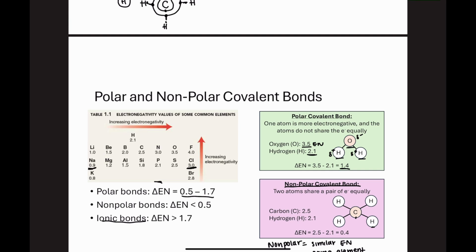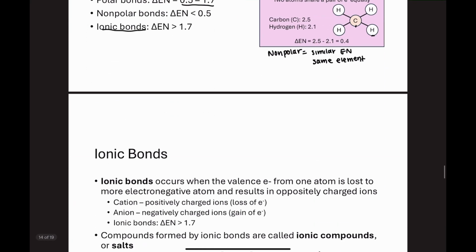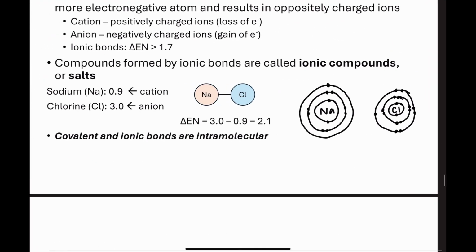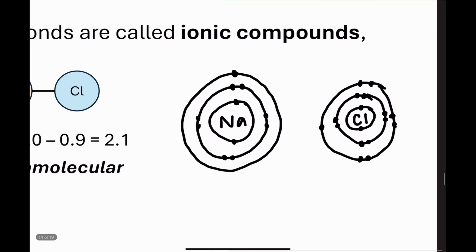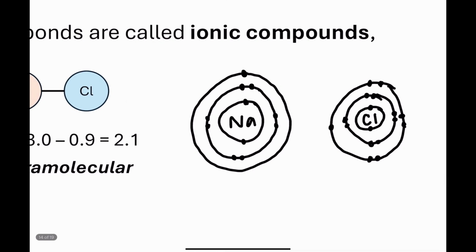And what happens is that this chlorine atom is going to want sodium's valence electron so badly that it's going to take it. This electron here is just going to leave sodium and go directly to chlorine.